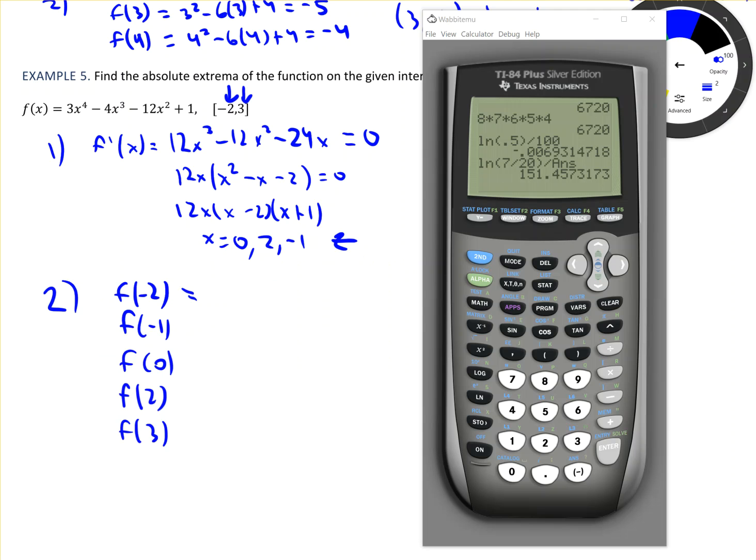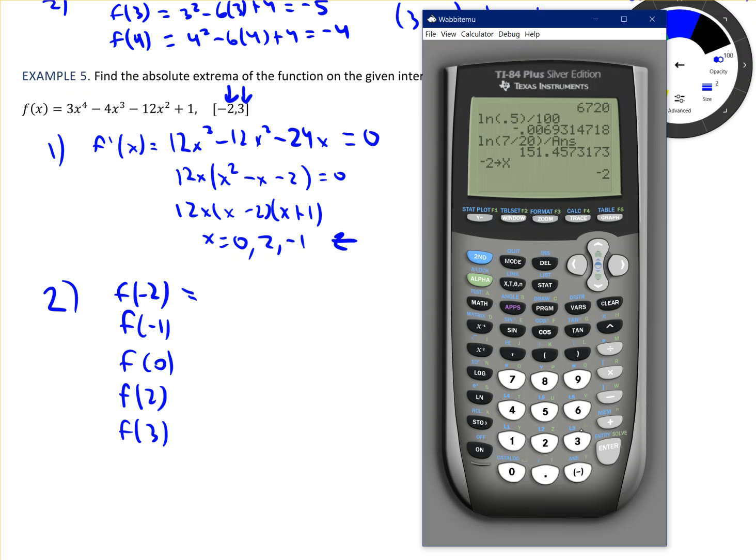All right, so I'm just going to do negative 2, store that as x, and then, again, we're plugging into the original function, so 3x to the 4th minus 4x cubed minus 12x squared plus 1. All right, so I got 33 for this one.